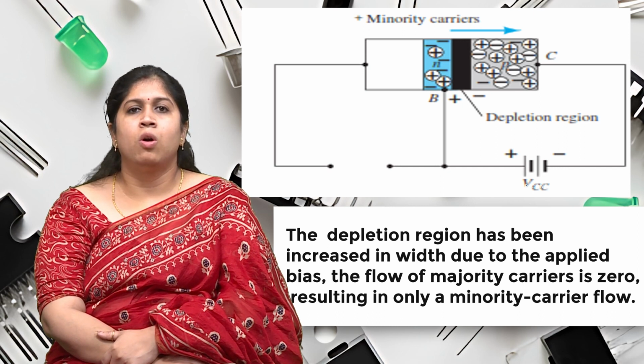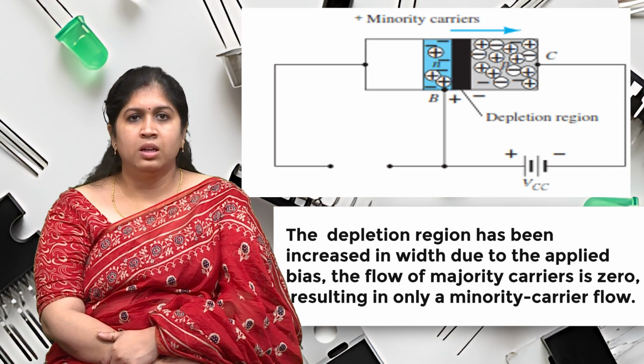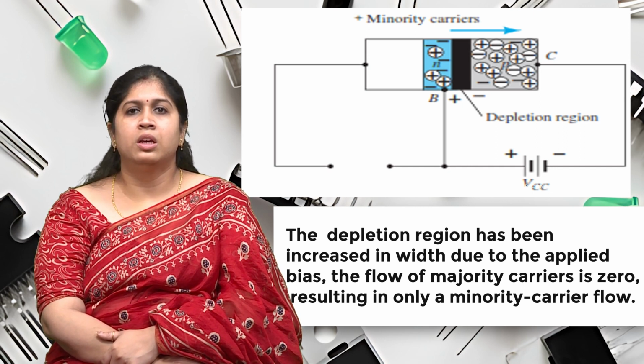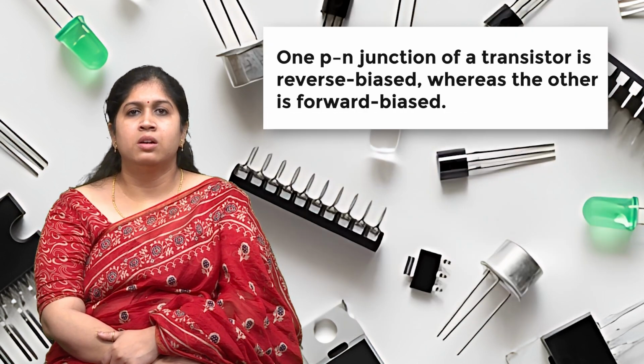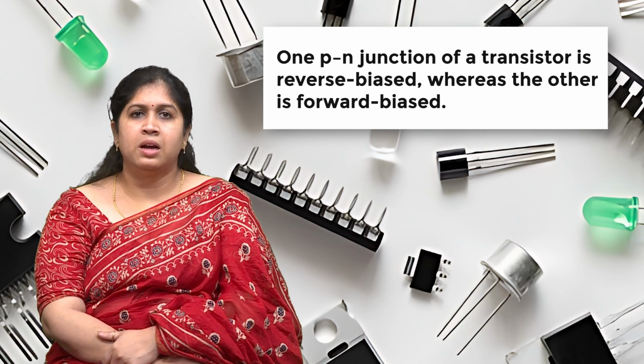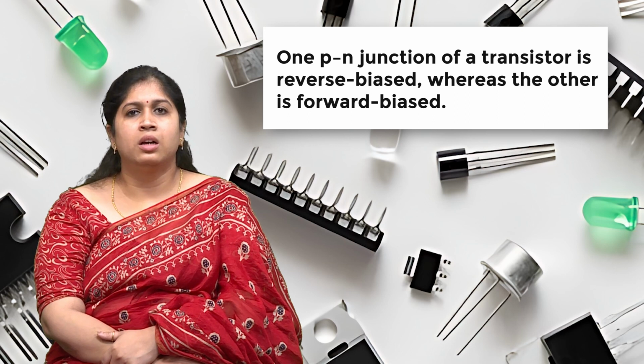The flow of majority carriers is 0, resulting in a minority carrier flow. Now consider that one PN junction of a transistor is reverse biased, whereas the other is forward biased.